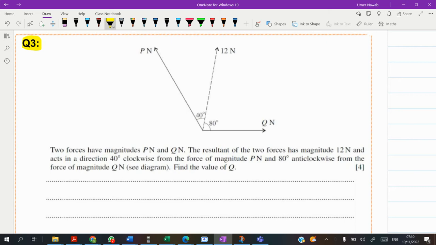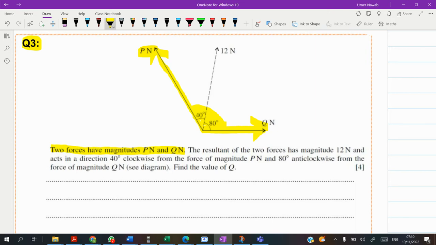So let's look at question number 3, in which he says two forces have magnitude P Newton and Q Newtons. Both forces are making 120 degrees with each other.